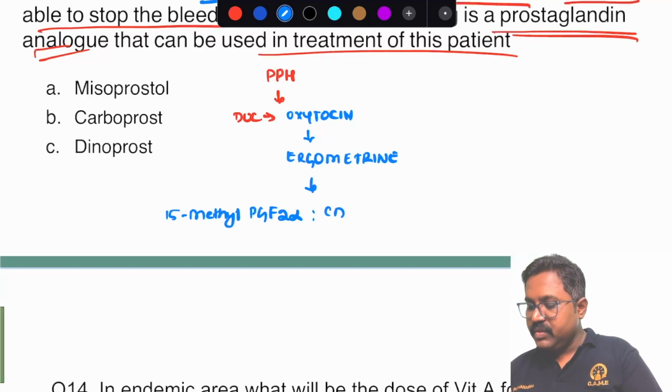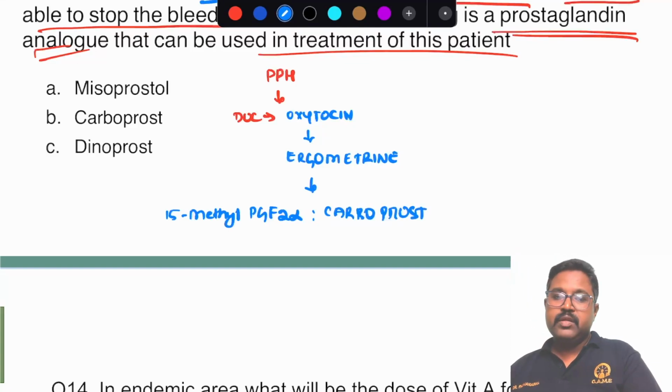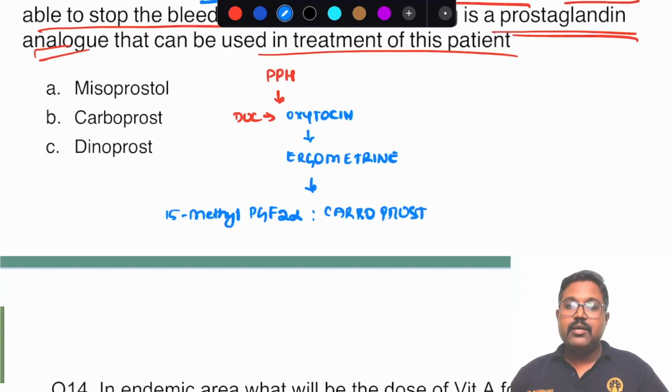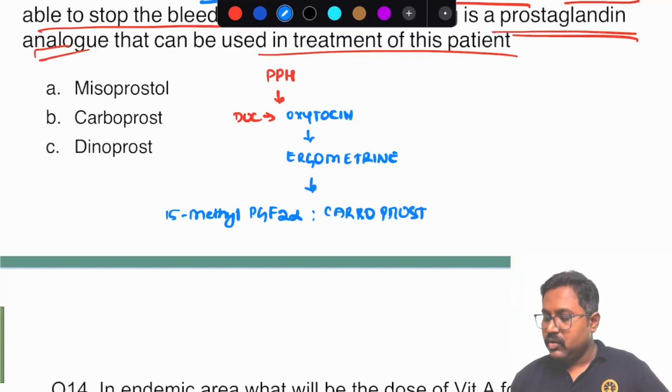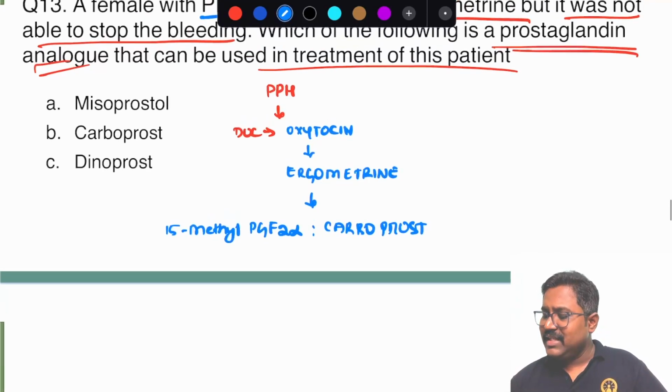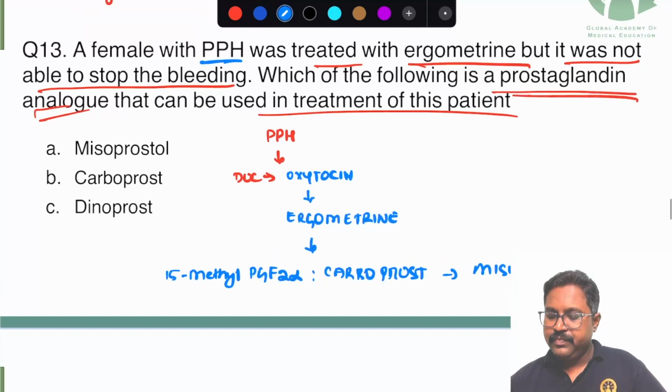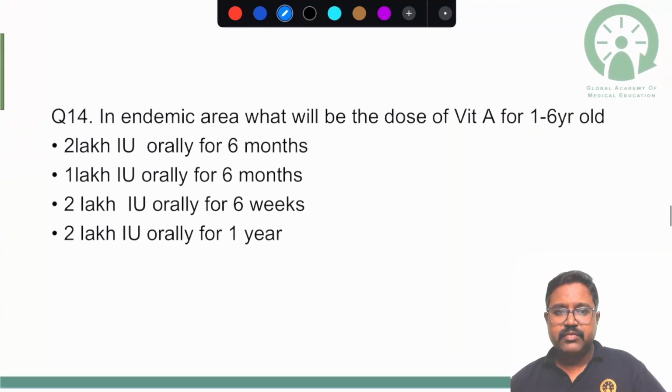The example is carboprost, which will be given through the parenteral route. The next best option will be misoprostol, but here the best option will be carboprost. Is that clear? Okay, fine. We'll move on to question number 14.